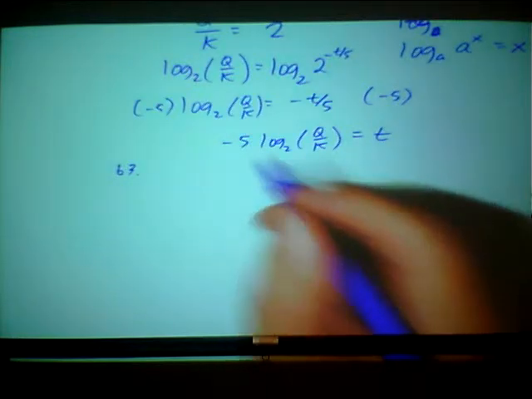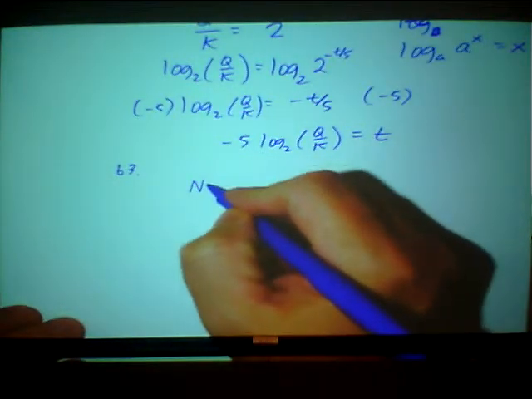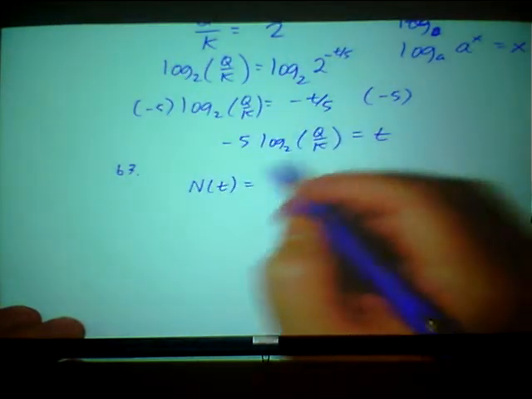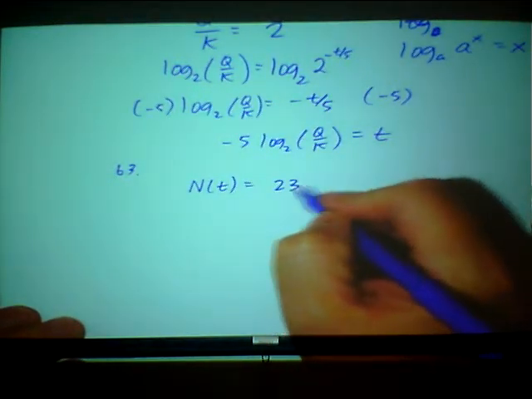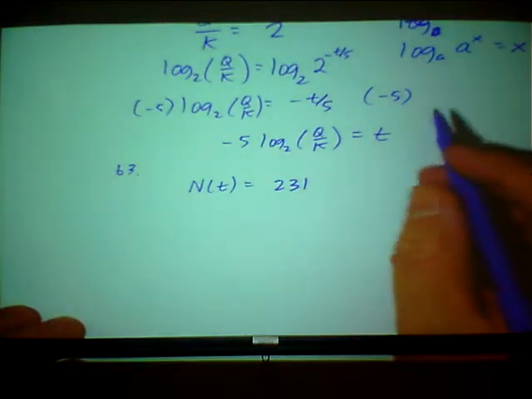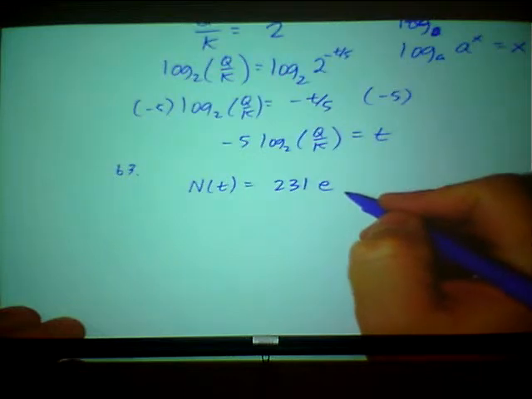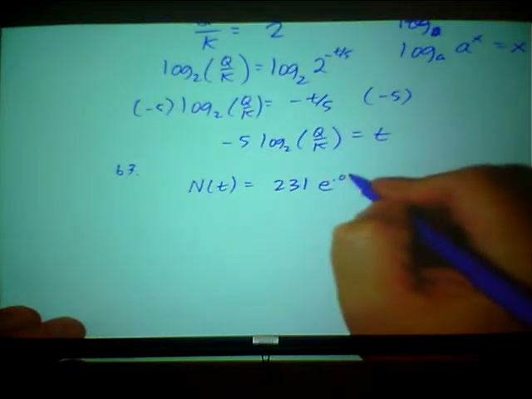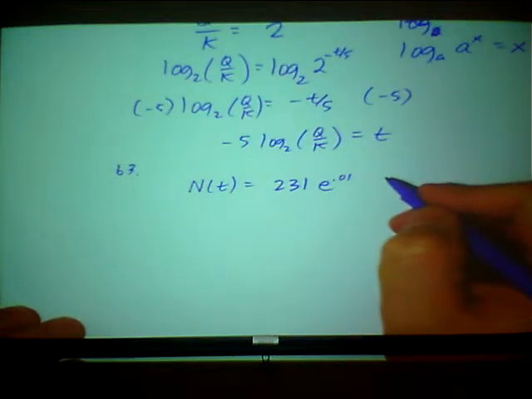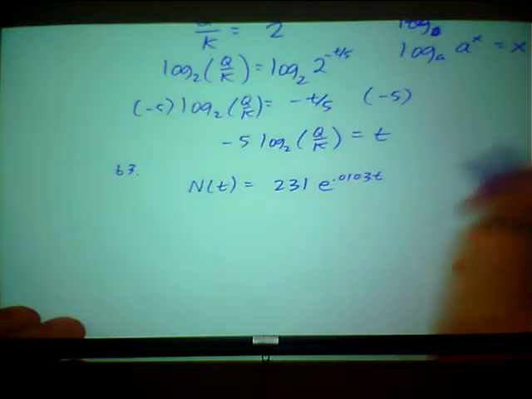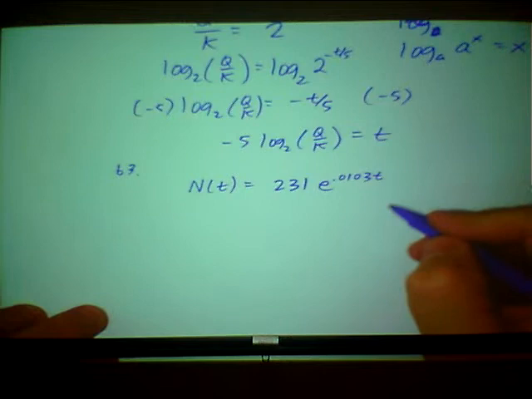All right, let me write it down. So N sub T is the population of the U.S., and it can be approximated by this equation, 231 times e to the 0.0103t. And now they say something important.